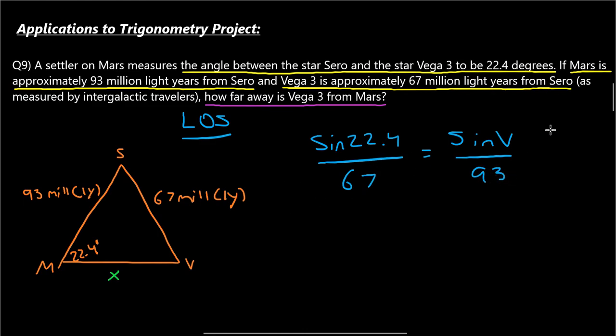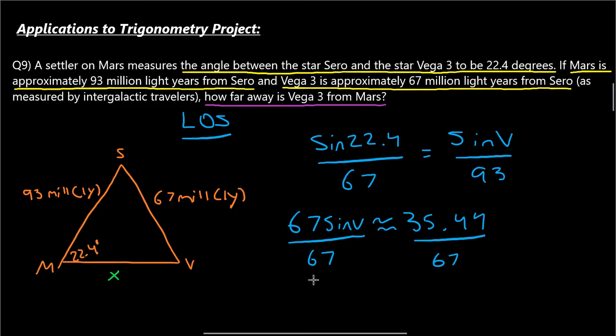When we simplify this equation, we get that 67 times the sine of V is roughly equal to the sine of 22.4 times 93. That's roughly equal to 35.43, or sorry, 44. Then we're going to divide by 67 on each side.